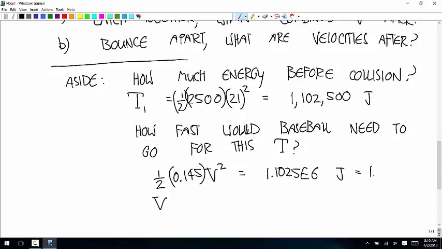Oh, times 10 to the 6. Oh, yeah. The E is for exponent. It's just like a shorthand way of writing scientific notation. Okay, yeah.